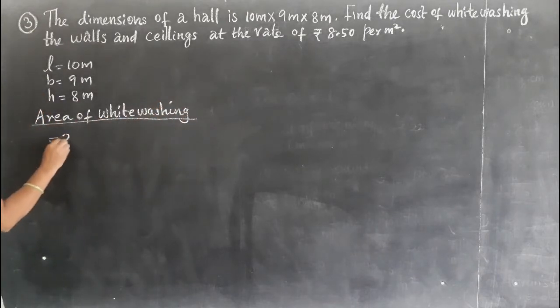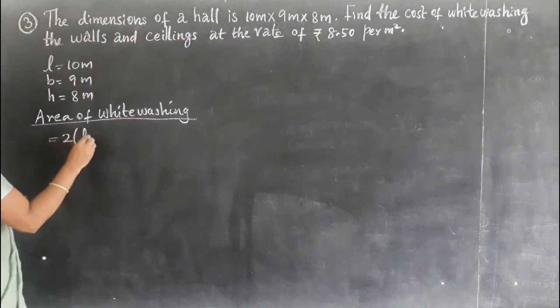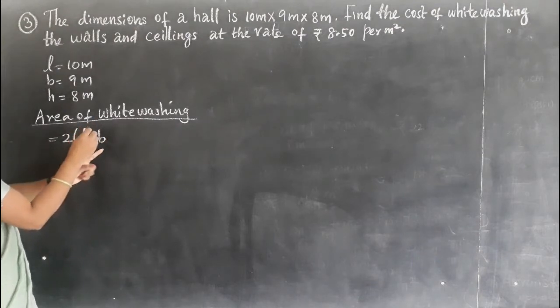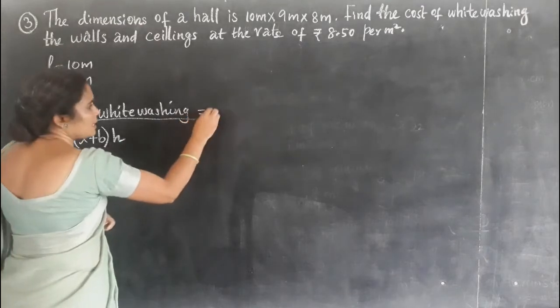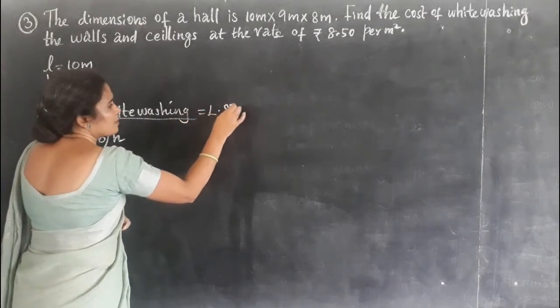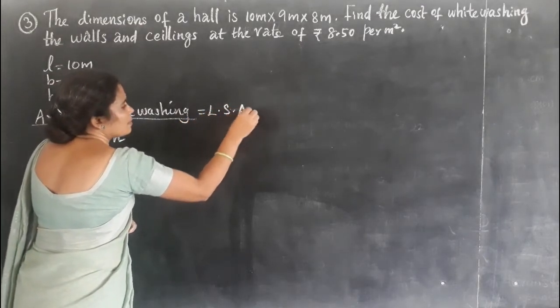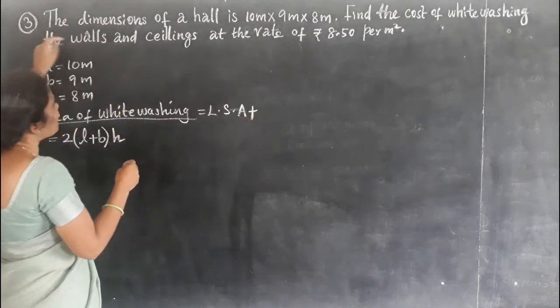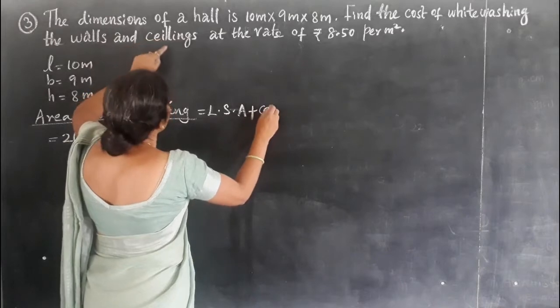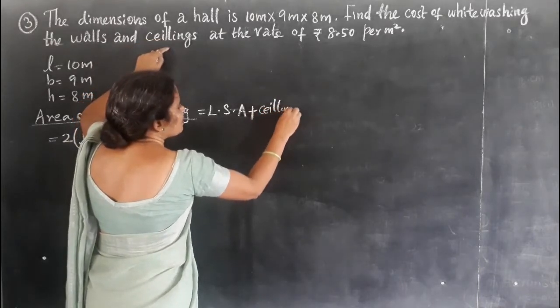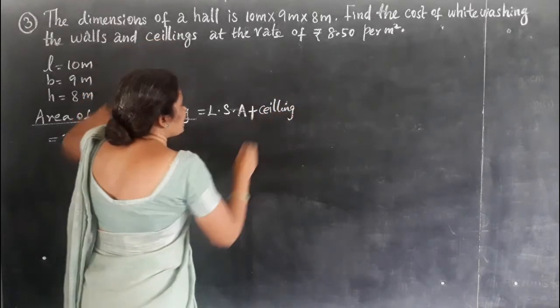is equal to 2 (length plus breadth) into H. That is LSA. You can write this as LSA plus the walls and the ceilings. So lateral surface area plus ceiling.